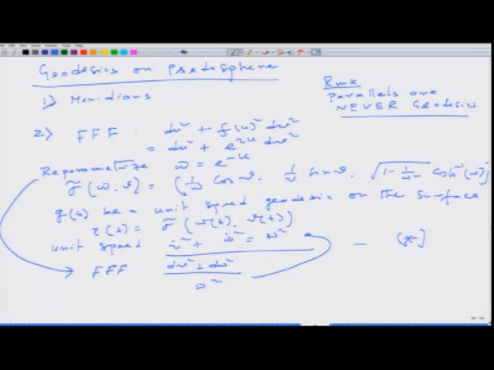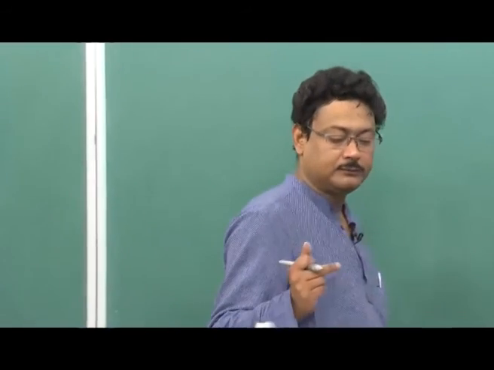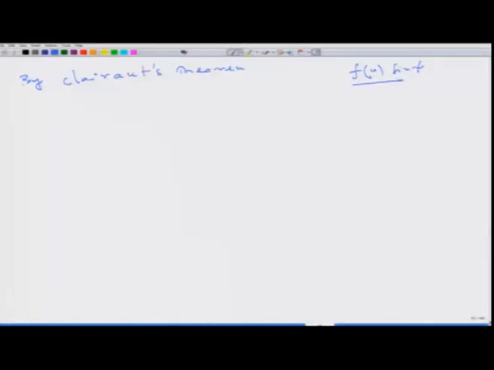Now, what do I know? I apply Clairaut's theorem now. What is constant? Recall what happens in Clairaut's theorem. If psi is the angle between gamma dot and the meridian, then fu sin psi remains constant.